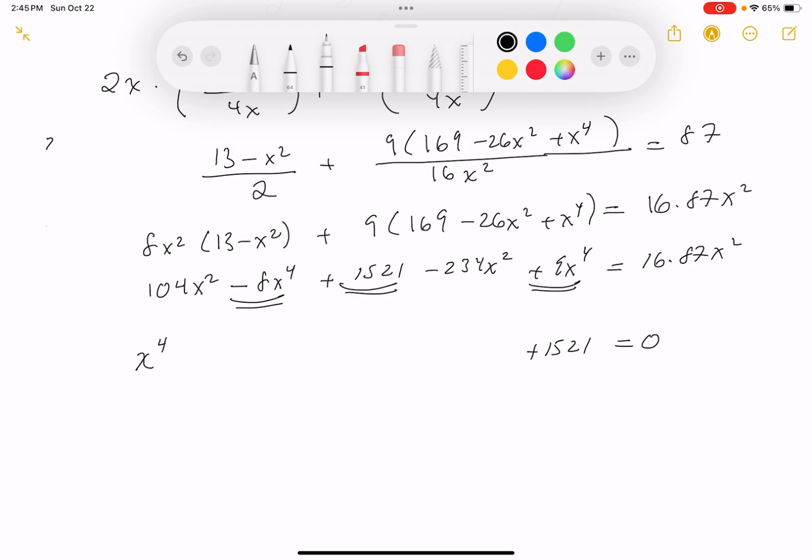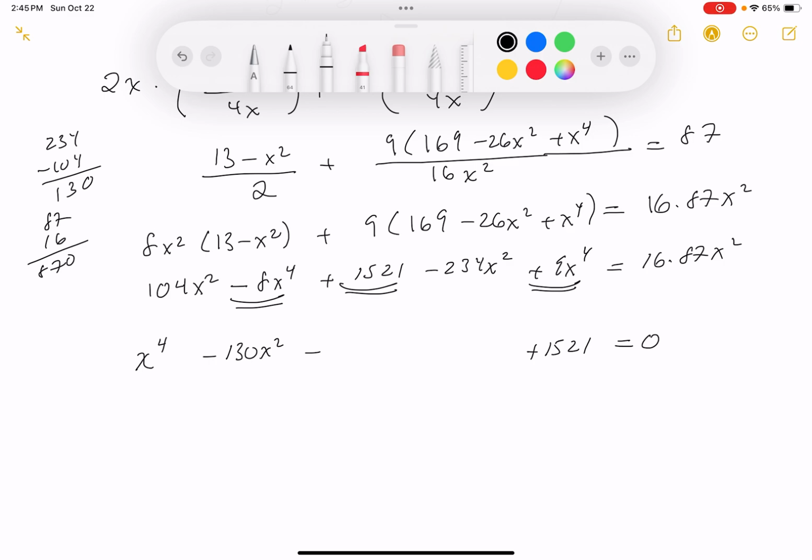So let's see, I'm going to do 234 minus 104. What do you get there? 130. And that's going to be minus 130x squared. And now I got to do minus 16 times 87. That's 870, because 10 times 87 is 870.